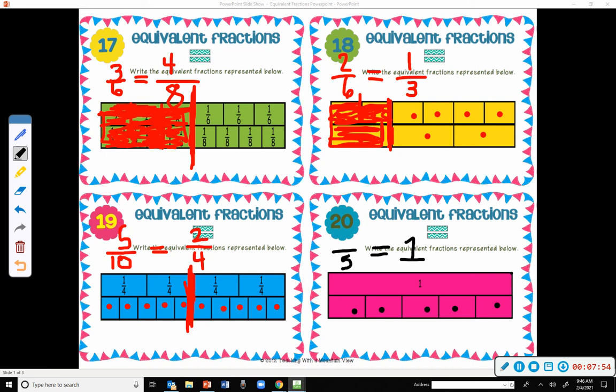How many fifths is it going to take to equal this whole bar right here? All of them, right? So 1, 2, 3, 4, 5 fifths. 5 fifths equals a whole. Okay? Anytime the numerator and the denominator are the same, that means it equals a whole, one whole.